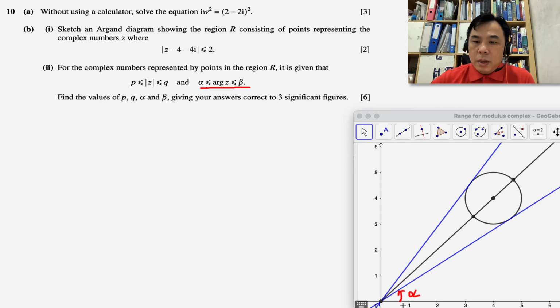That is the minimum angle that we can have that satisfies the region R. We can also have another tangent line touching the circle at this point here, and this would give us the other argument. That argument will be the maximum argument, which is labeled as beta here. That is the visual understanding of this inequality.